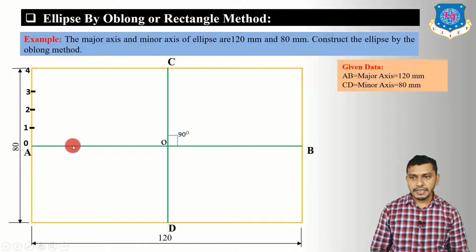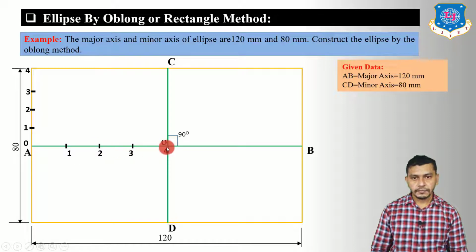The number of divisions must match: if the number of divisions on the vertical side is 4, then it should be 4 on A to O also. If it is 5, then it should be 5 here. Right now we divide this line into 4 equal divisions and mark the points 0, 1, 2, 3 and 4.